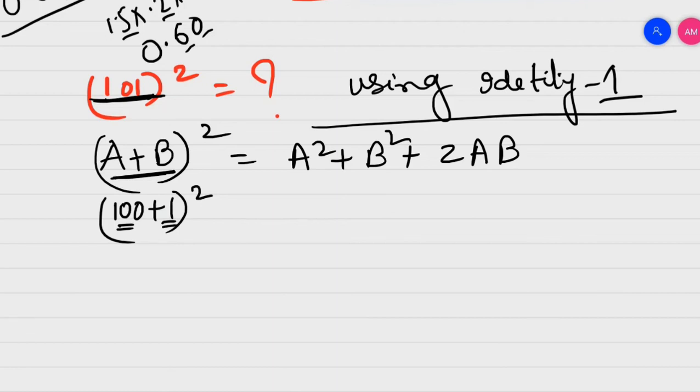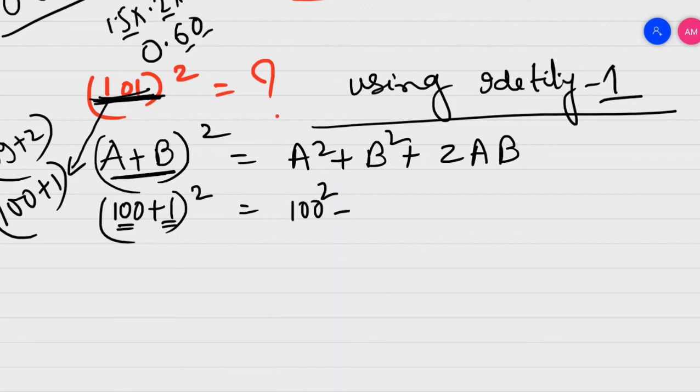If you want to split, you can split it in any way. You can take it as 99 plus 2 also, or 100 plus 1 also. But when you are splitting, you should find out into which numbers to split so that it will be easy for you. I have split it as 100 plus 1, and you will come to know why.